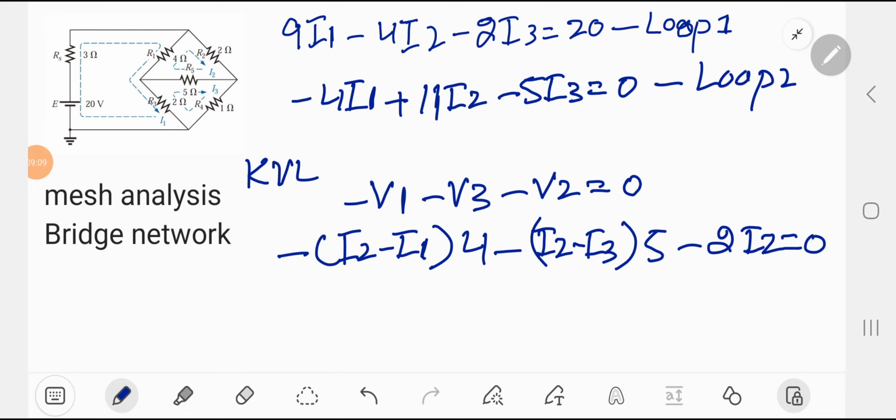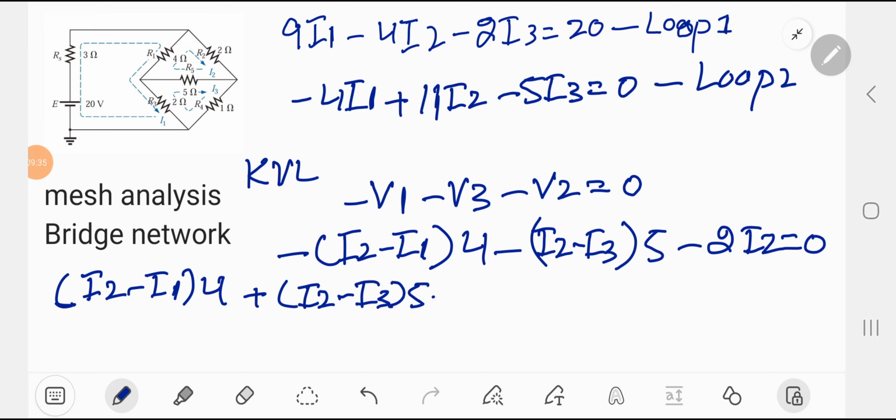If we simplify this equation, multiplying the whole equation with the minus sign, it will become (I2 minus I1) times 4 plus (I2 minus I3) times 5 plus 2I2 is equal to 0.